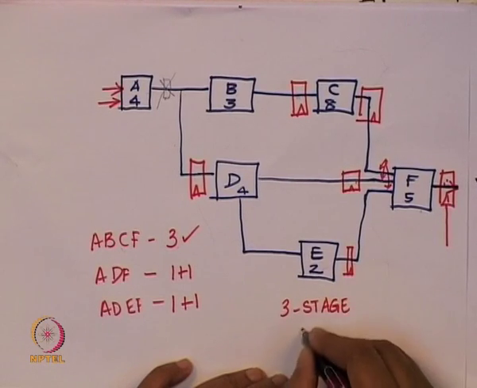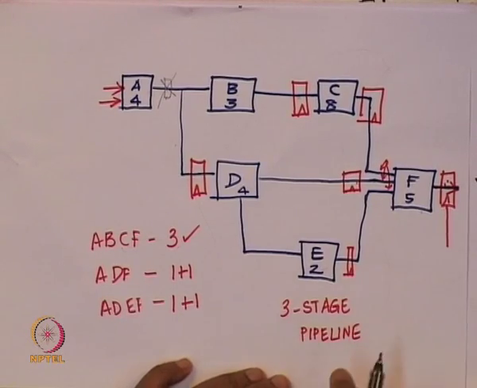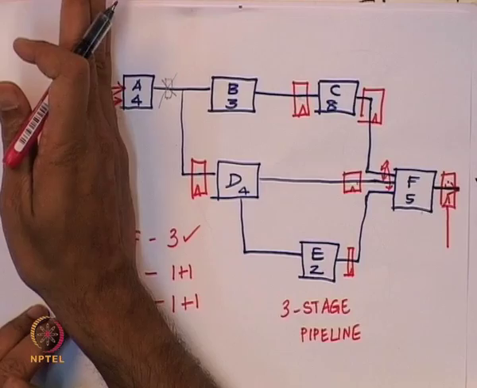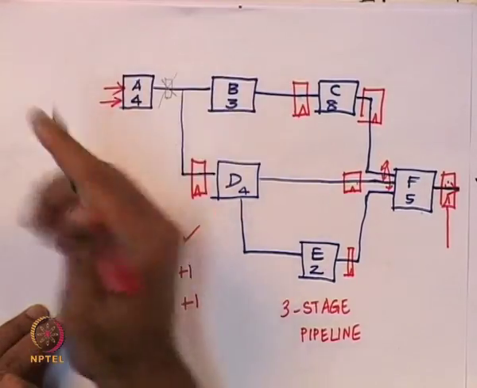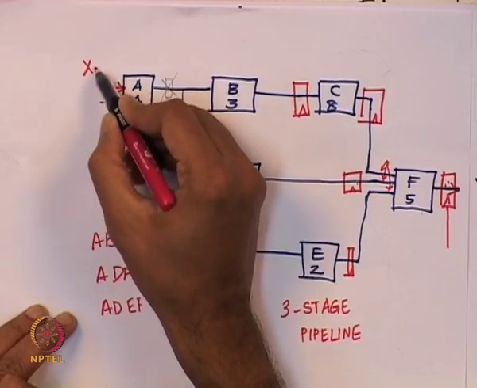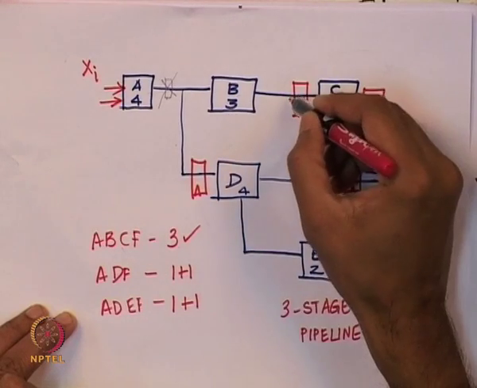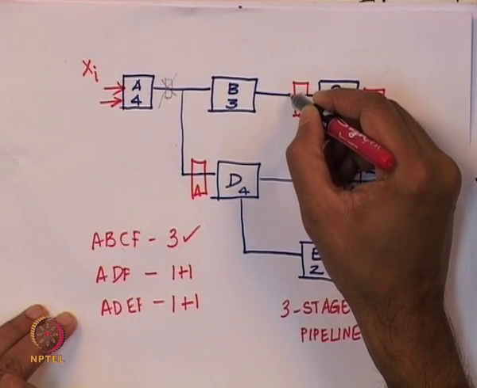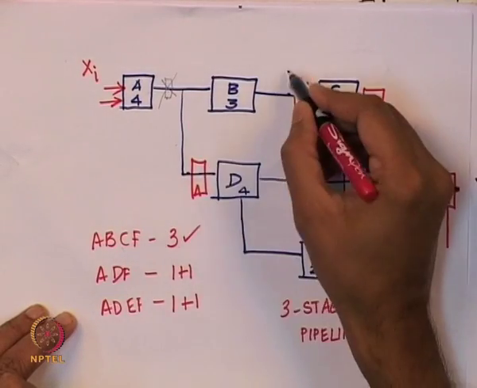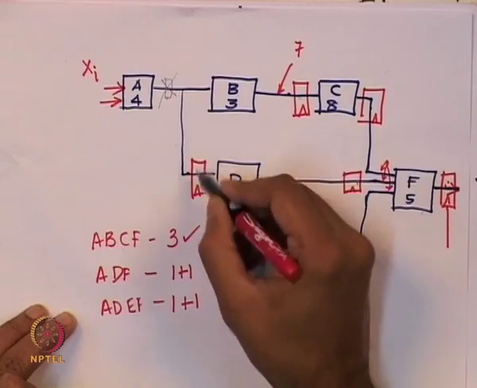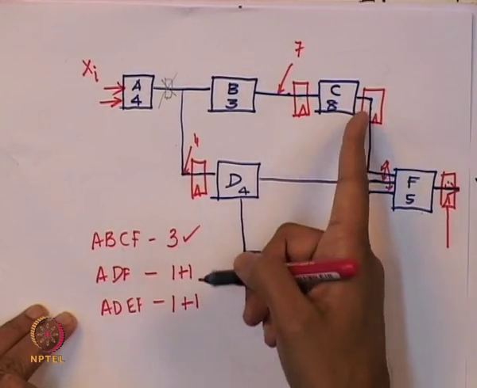Let us look at what the latency of this circuit is. If I give an input here, it will go through A and B. If I give some input xi here, in 7 time units I will get it processed here, and in 4 time units it will be ready here. So, this will be ready at 7 and this will be ready at 4, but I am going to bring in the clock only every 8 time units.